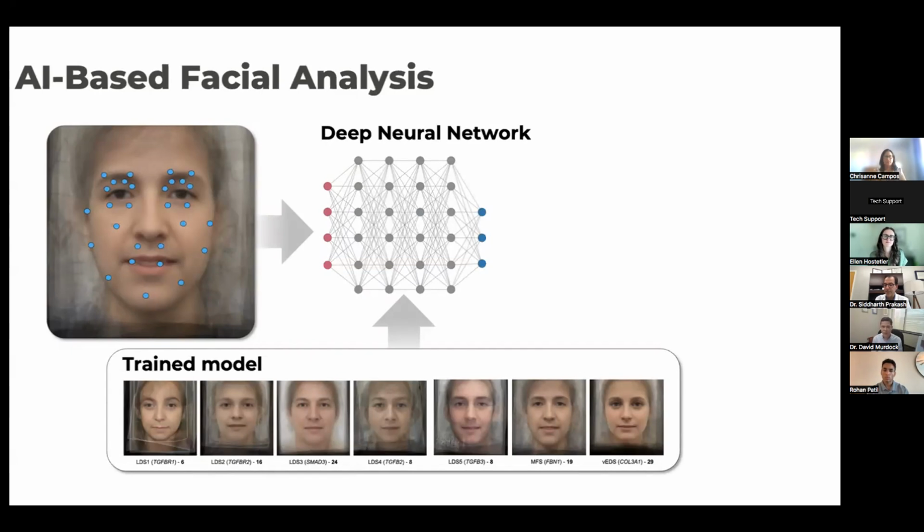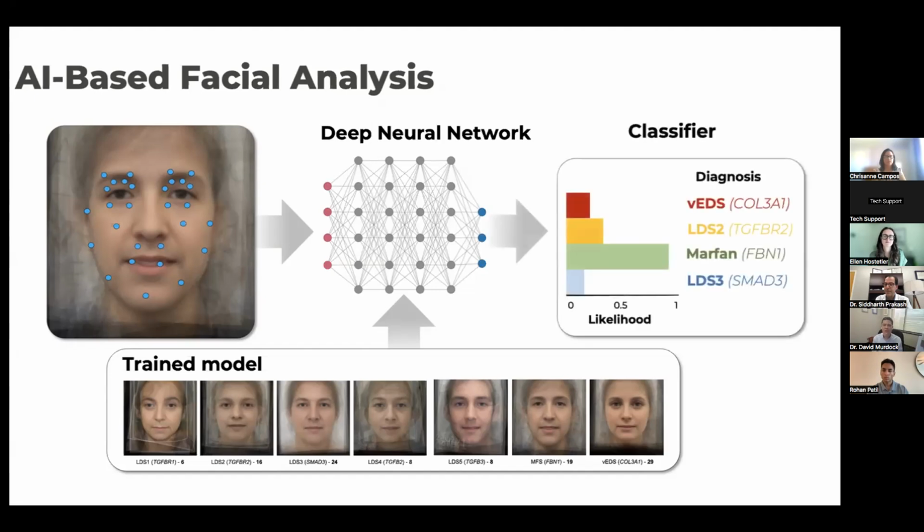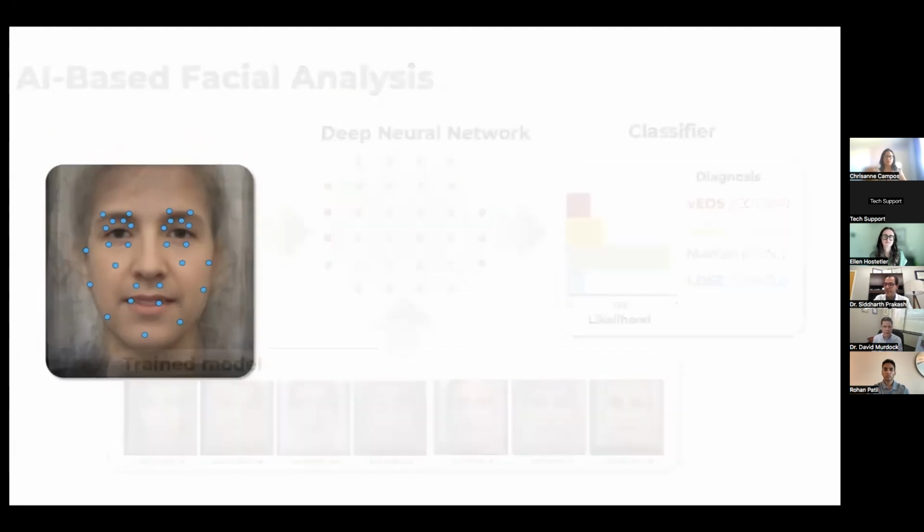So that AI brain has been trained to recognize the patterns. Then it can compare that to the facial encoding of this individual, and give us a likelihood of what the underlying diagnosis might be. In this case, most aligns with Marfan syndrome. So that's the basic idea of this type of approach.